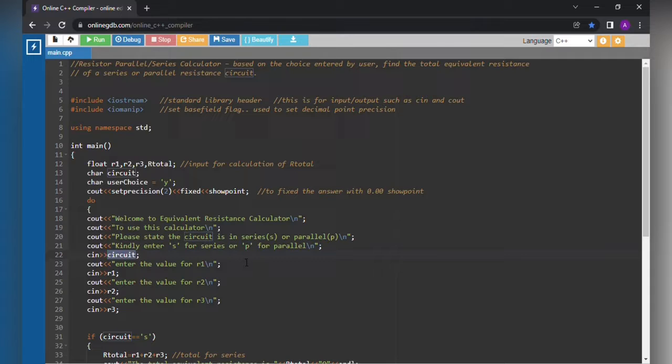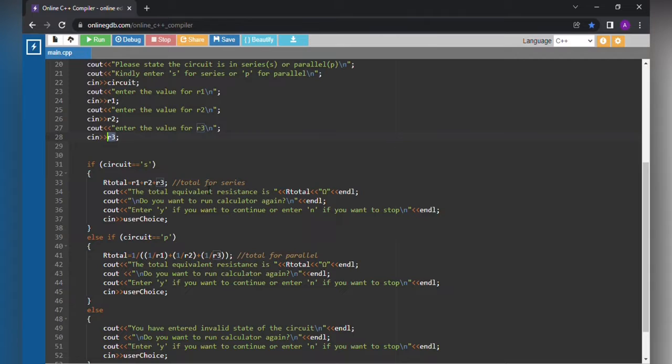Then we will ask the user to state the value of each resistor. R1 is what, R2 is what, and R3 is what. After we get all the information from the user, this coding will run accurately.